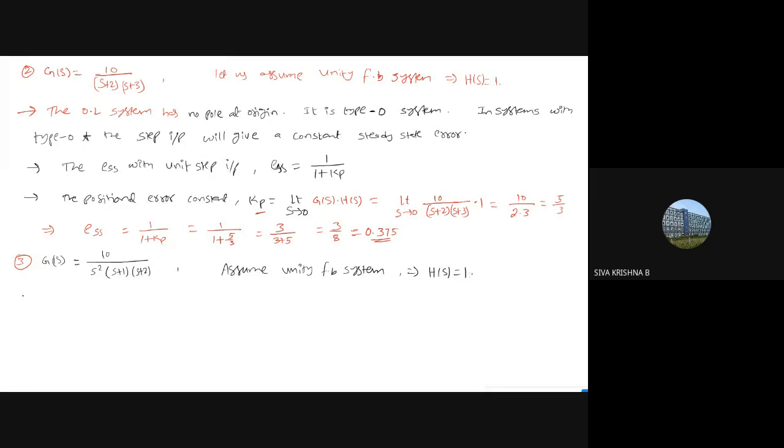Similarly here, how many origin poles are there? 2 poles are there. Very good. The open loop system has 2 poles at origin. It means that it is a type 2 system.